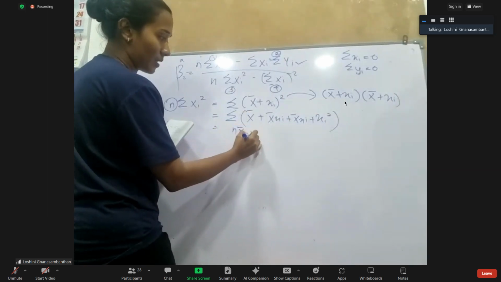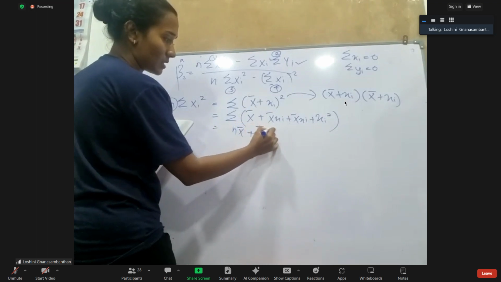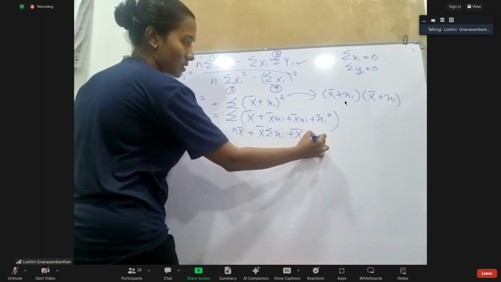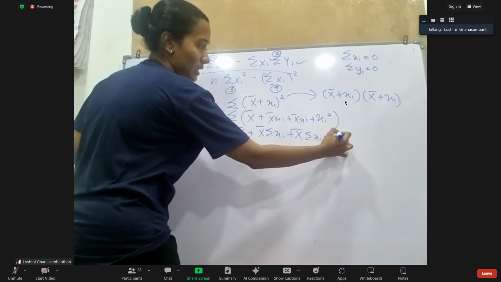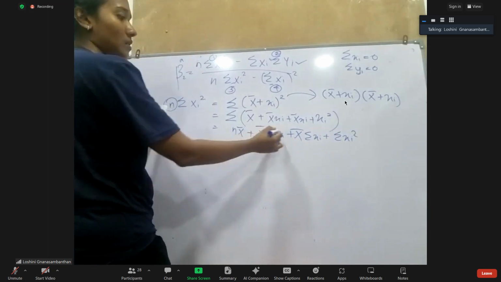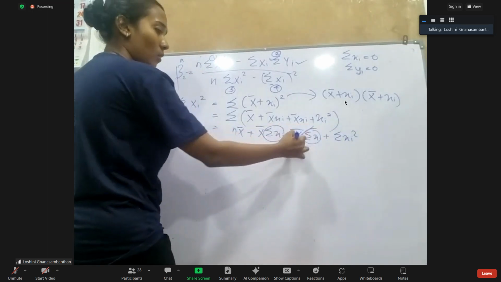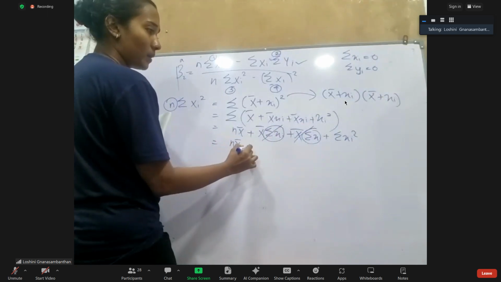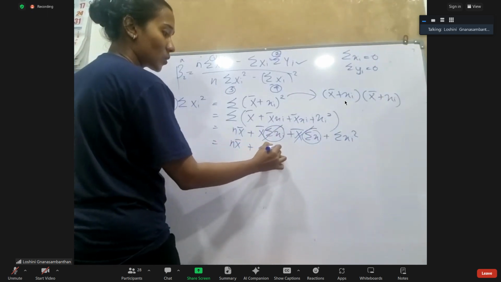So n x bar plus x bar sigma xi plus x bar sigma xi plus sigma xi square, right? So here is 0 and the remaining is n x bar plus sigma xi square.